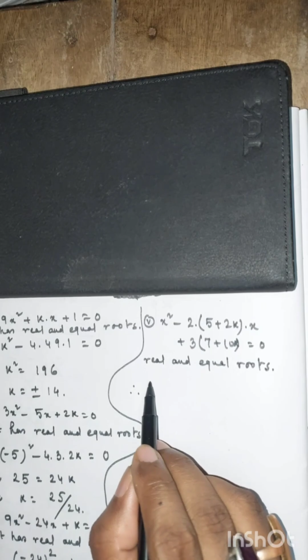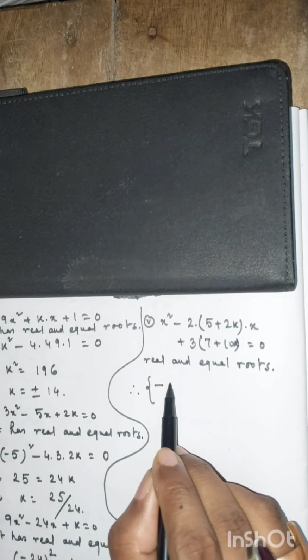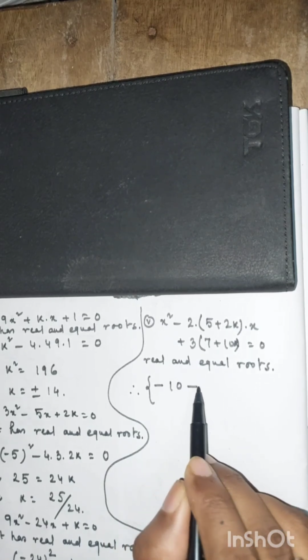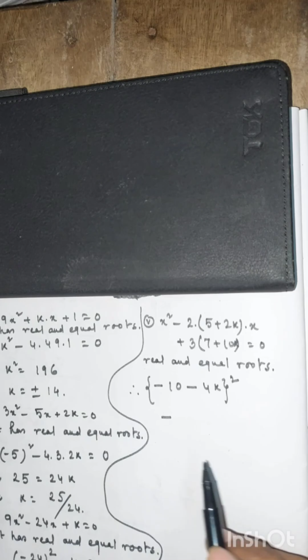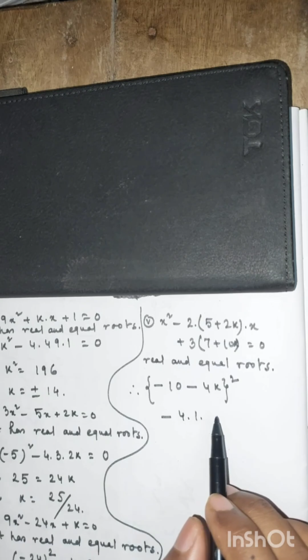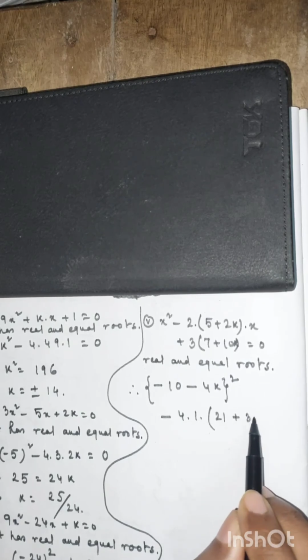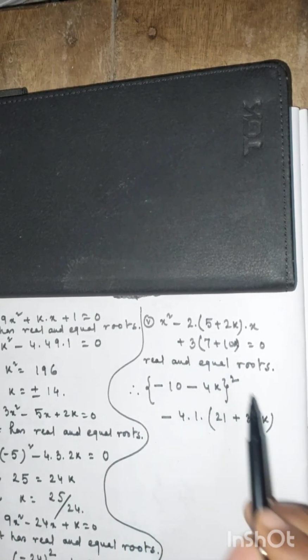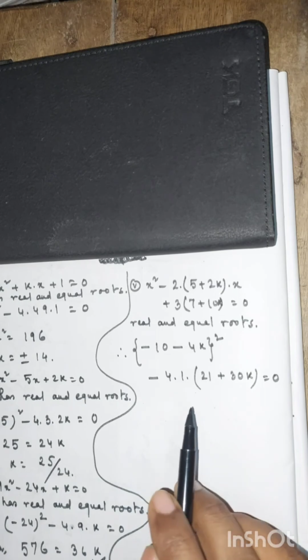Therefore b square, that means minus 10 minus 4k, minus 4ac, 4 into 1 into c. This discriminant should be equal to 0.